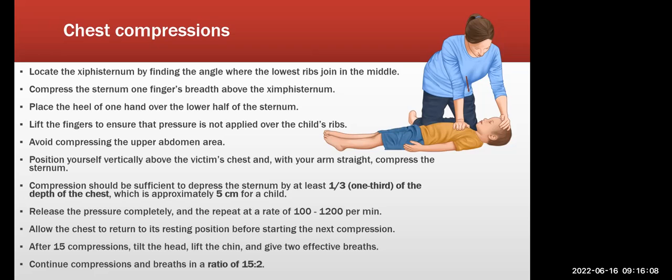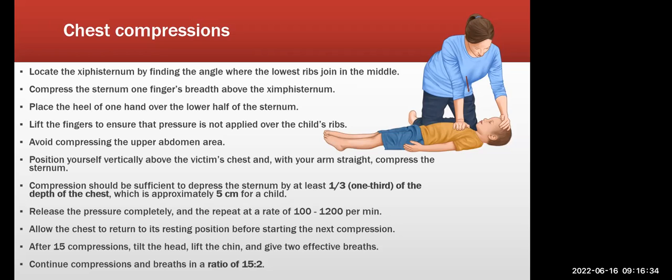So compression should be sufficient, at least 1/3 of the depth of the chest, approximately 5 centimeters. And then release the pressure completely and repeat at a rate of 100 to 120 per minute. We need to make sure that the chest returns to its resting position before starting the next compression.